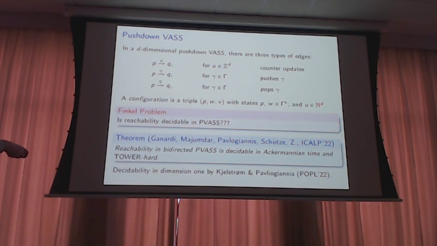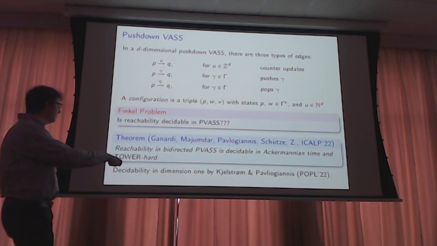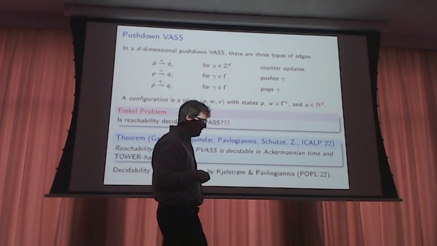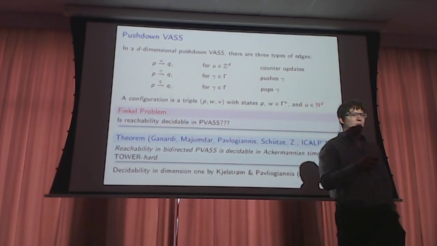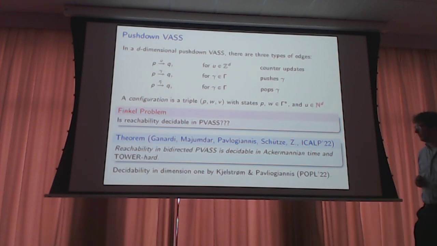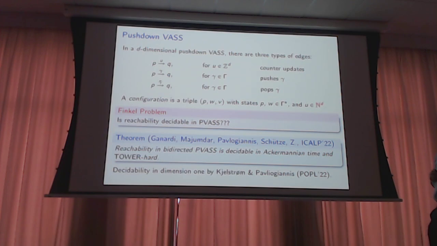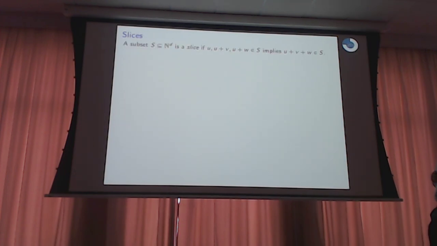Right, so decidability in dimension 1 was known before by Kjellström and Pavlogiannis, and they reduced to the decidability of coverability in one-dimensional PVAS. Right, but its decidability holds even in arbitrary dimension.